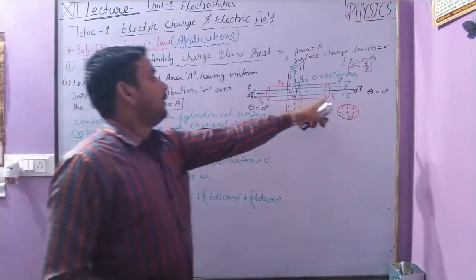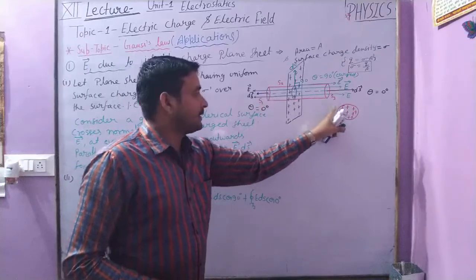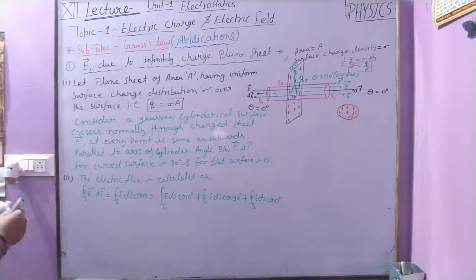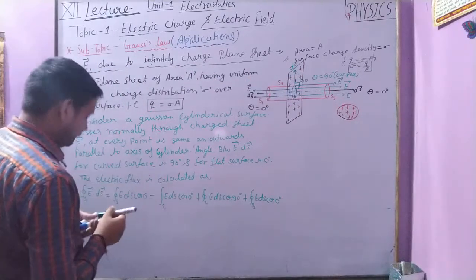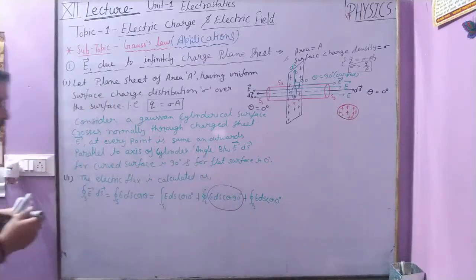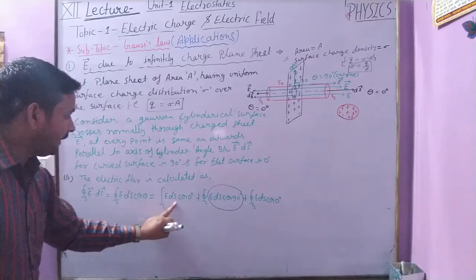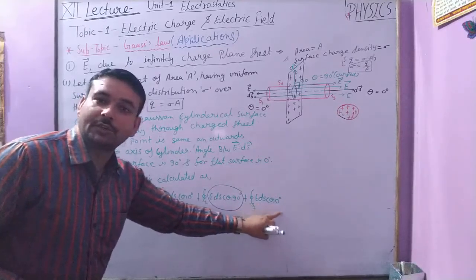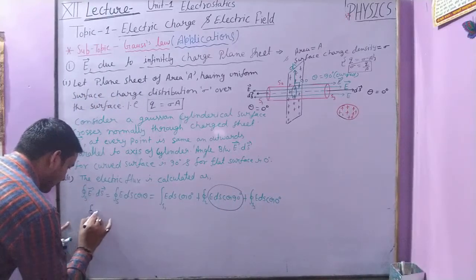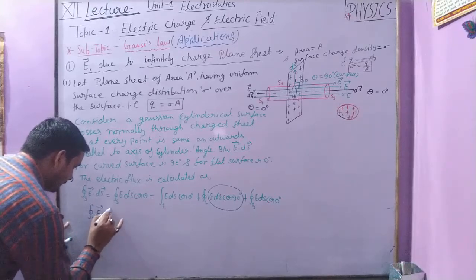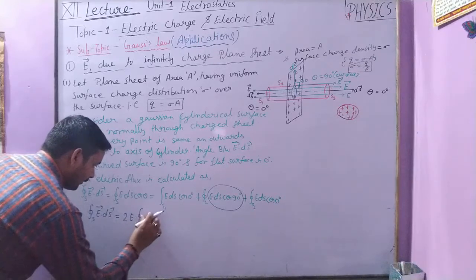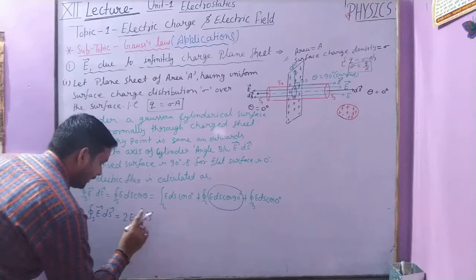As surface S1 and S3 are the flat surfaces and the specified angle is 0 degree, and for the curved surface the value is 90 degree, therefore you easily observe this result will become 0 and the two results E dS cos 0 degree are added to each other, and you calculate this surface integral E dS is equal to 2E dS.